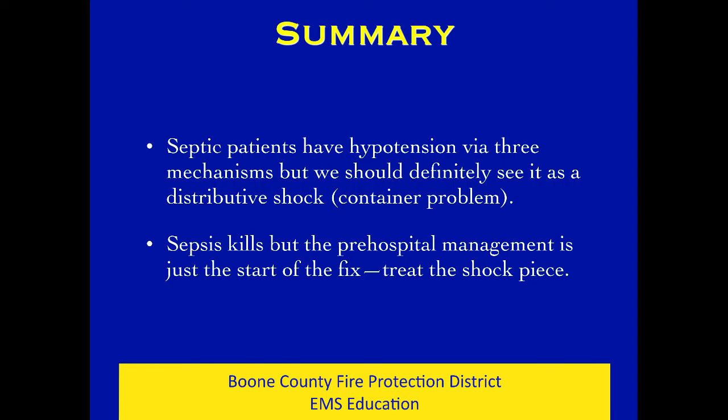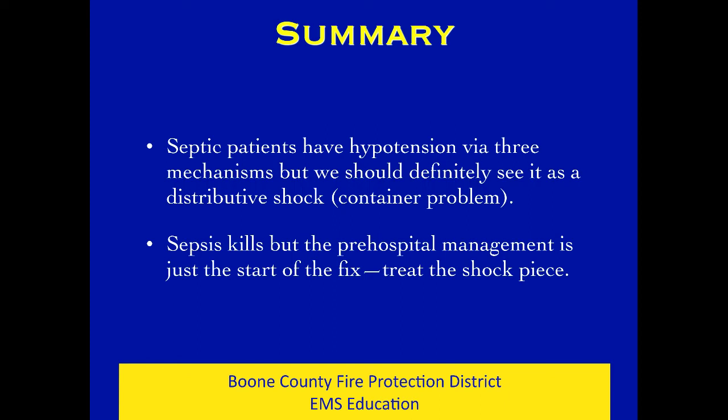When we talk about shock, there's obstructive shock, so that's a pulmonary embolus or cardiac tamponade or tension pneumothorax. Then there's cardiogenic shock, which is from pump failure, either from a very large heart attack or from just a series of insults to that heart. And so there's a little bit of cardiogenic shock going on with sepsis.